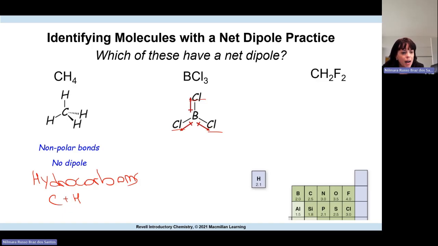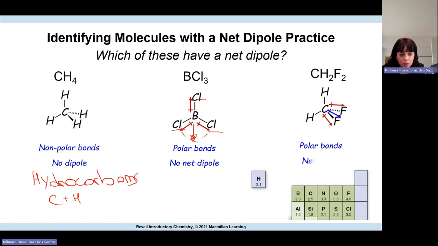So we have polar bonds here, but look at this. We have a resultant force here. They're in opposite directions, and then we're going to have no net dipole, so a non-polar molecule. And here we have polar bonds, and we have a net dipole.